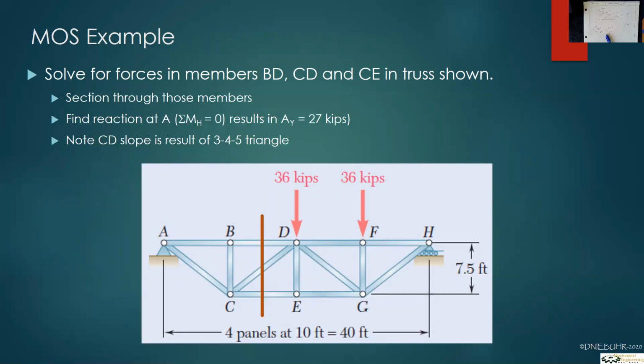It turns out there is no AX because there's no horizontal force applied, as you may have noticed.